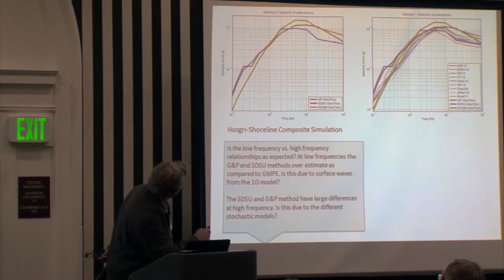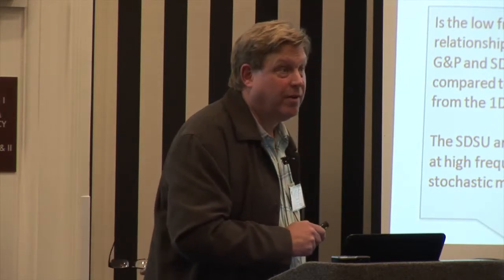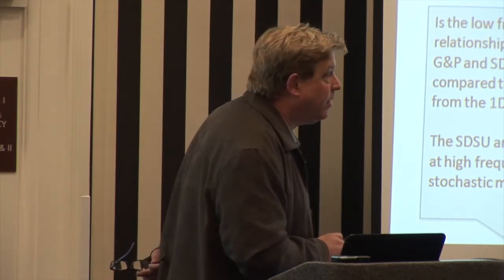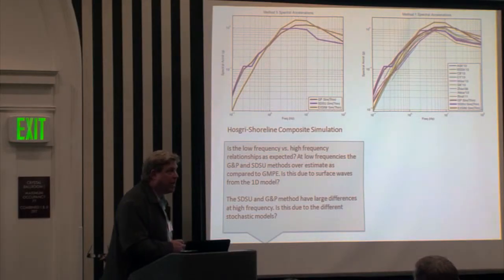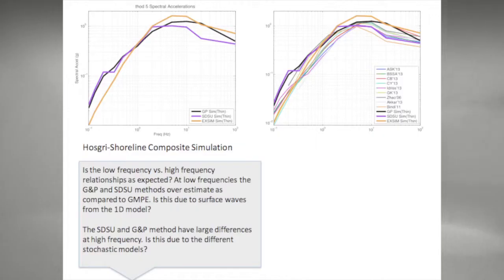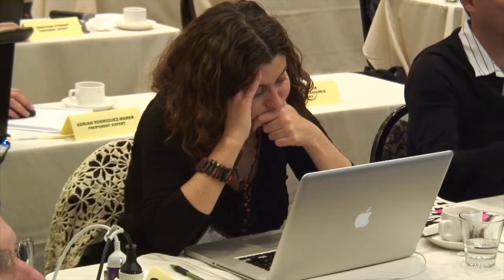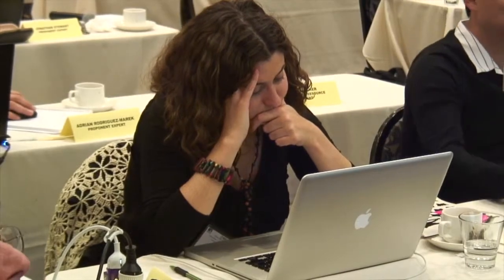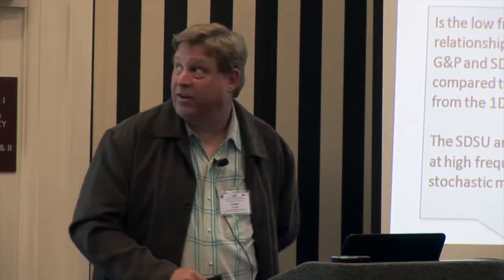But there's relatively large differences at high frequencies, which is due to the manner in which the stochastic element is produced. And then this is showing the comparison between some of the GMPs and the simulation results. So again, these are differences that we'd like to explore a little bit more carefully and get a deeper understanding of.